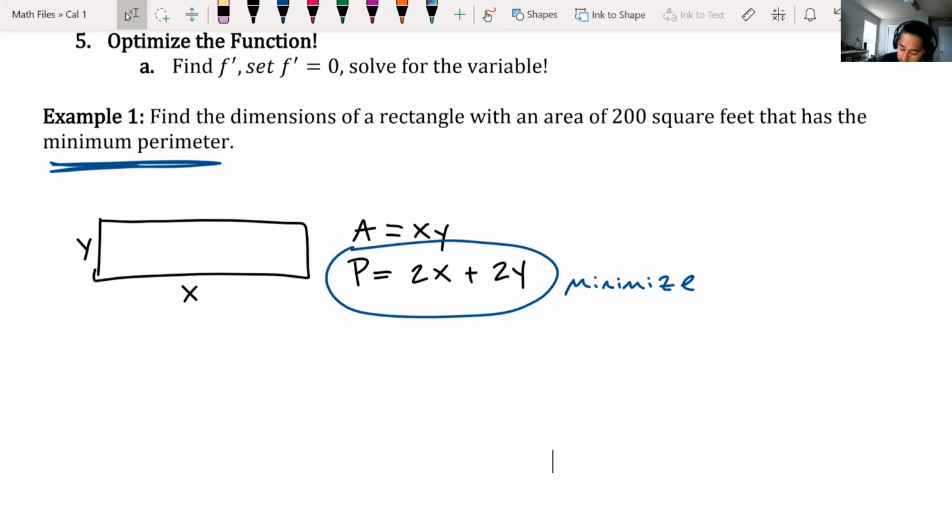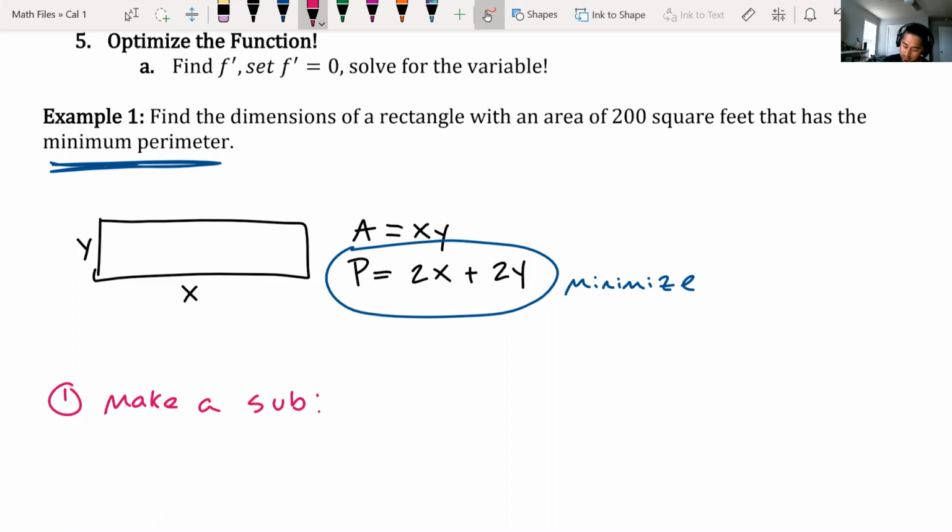Okay. So now let's go ahead and use the information that they gave us. They said that we have an area of 200 square feet. So number one, we're going to make a sub. Okay. So using the information from above, they say that the area is 200 square feet.